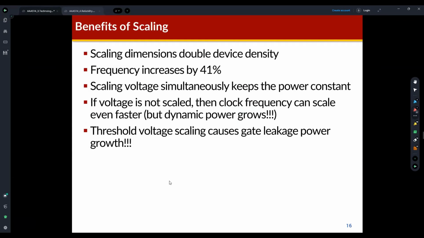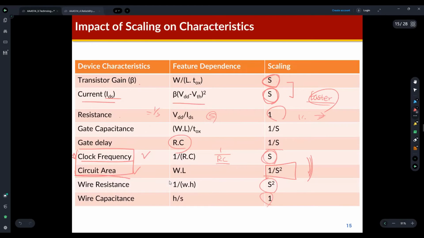Why? So we can talk about the benefits of scaling. Which means if we can make smaller devices, smaller transistors, then the benefit of scaling means that we can increase the clock frequency, and we can also reduce the area occupied by a single transistor.